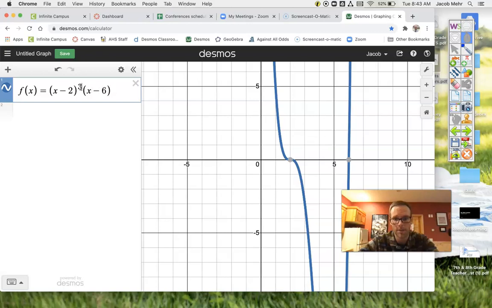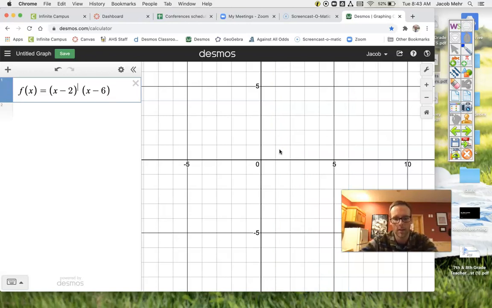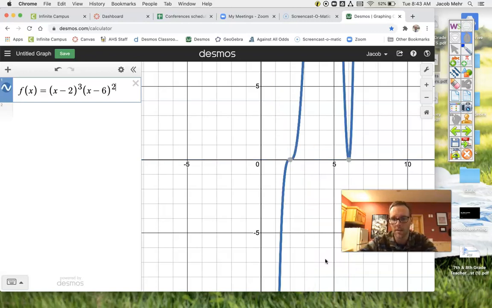Now, if this was to the 5th, it would still act the same way, and the 7th. But if it was to the 2nd, it bounces. 3rd, it snakes through. Now, I could have that one snake through at 2, and then have this one bounce at 6. So it snakes through because this 0 is repeated 3 times, and it bounces at 6 because that's repeated 2 times.